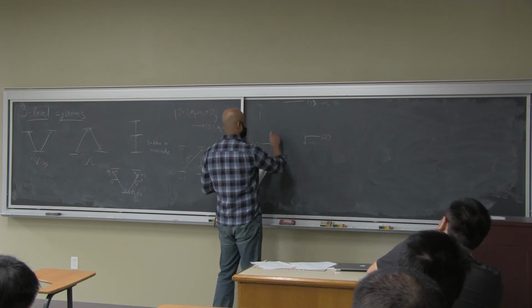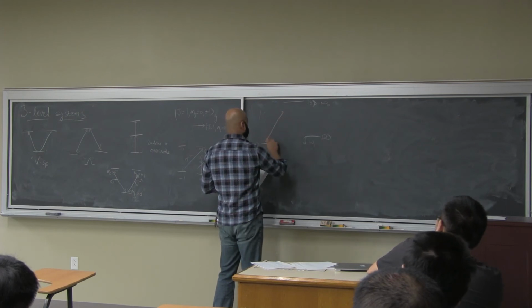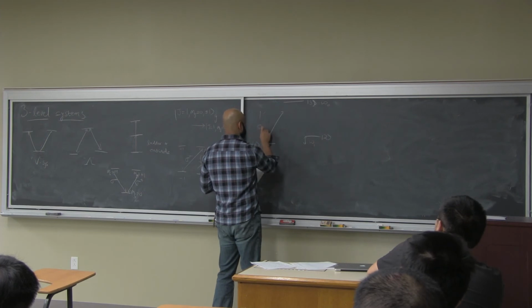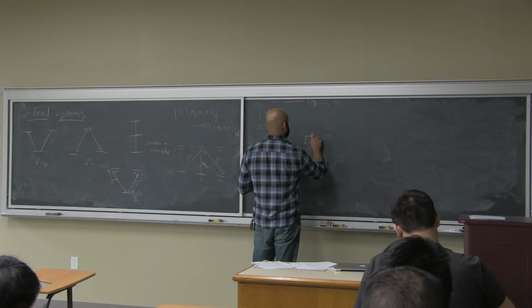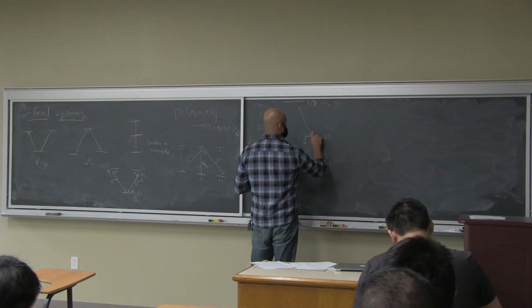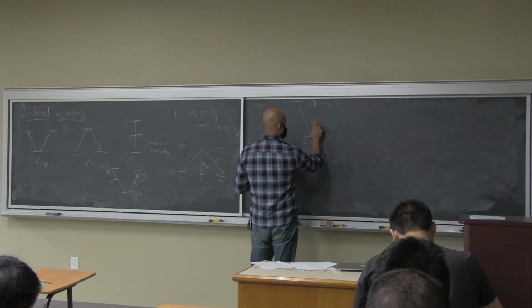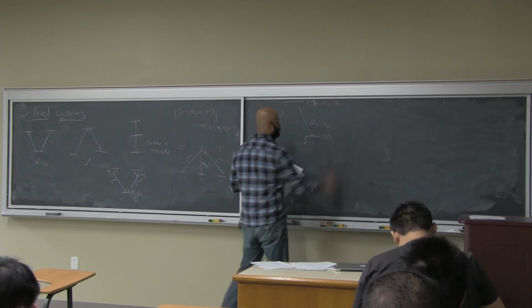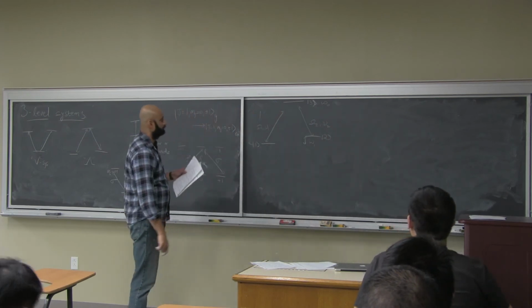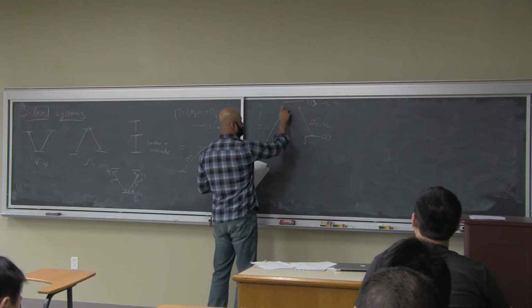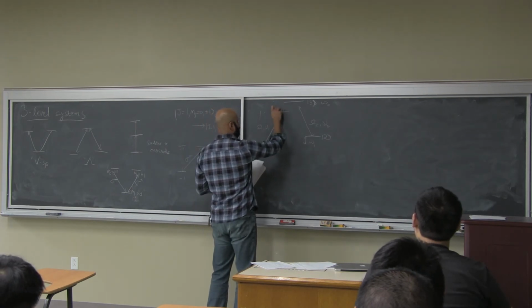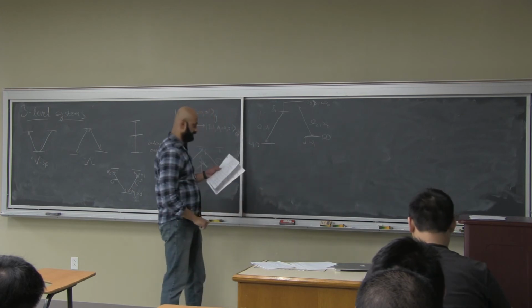And then I have 2 optical fields. This has Rabi frequency omega 1 and laser frequency nu1, and this one has Rabi frequency omega 2 and laser frequency nu2. Okay? So we can see that this one, for example, is detuned by delta 1 from the transition to 3.